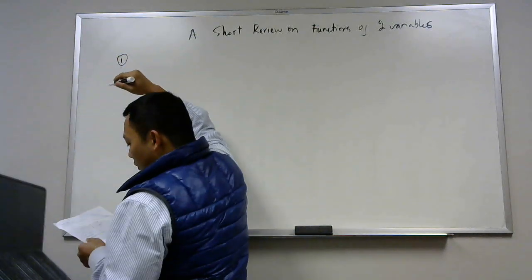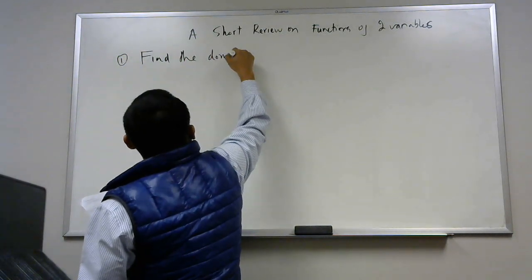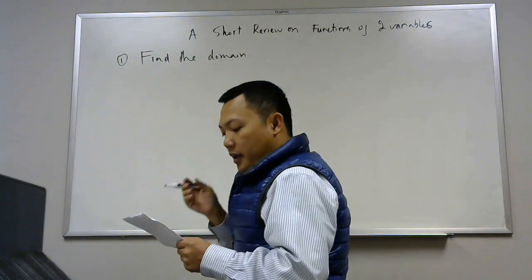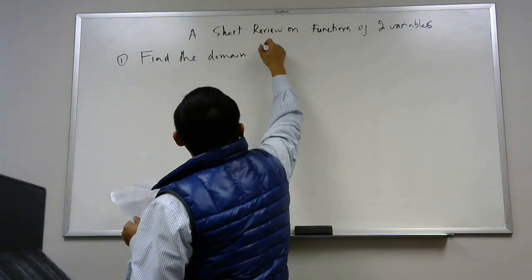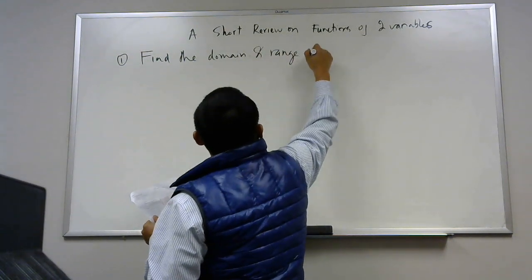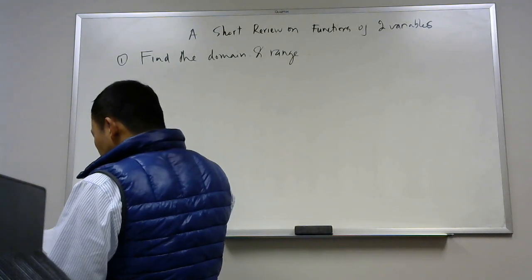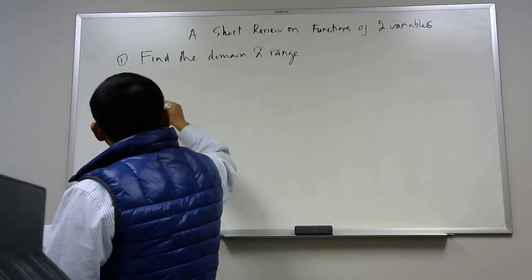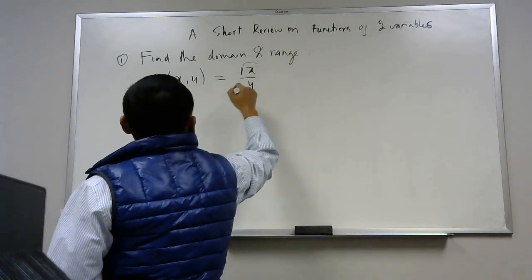First question, find the domain and the range of this function. Your function is f(x,y) equal to square root of x over y.